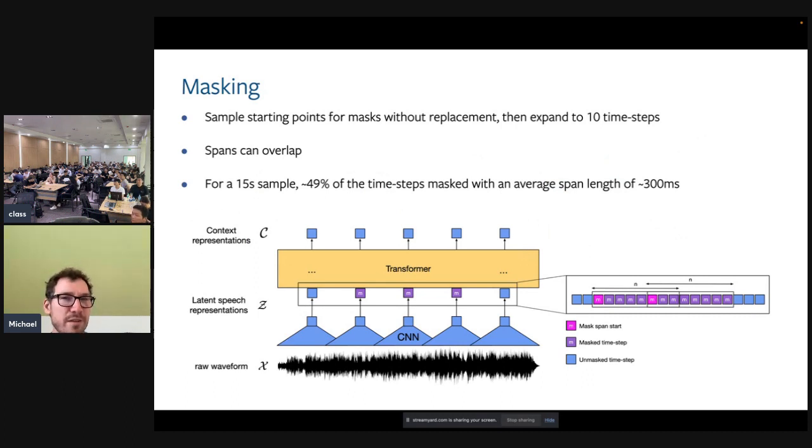It would be very easy for anybody, for the machine and for us as well, to predict what the next 20 milliseconds look like. So this is why we mask about 10 to make it harder. We mask about half of all the squares in our typical training example of 15 seconds, and each one of those masked spans is about 300 milliseconds.